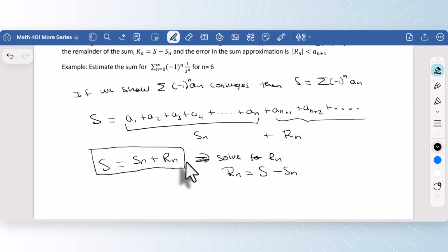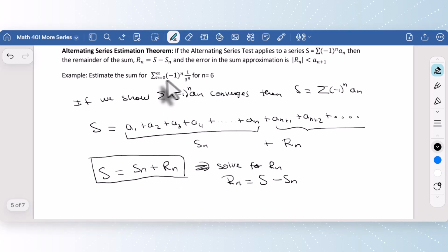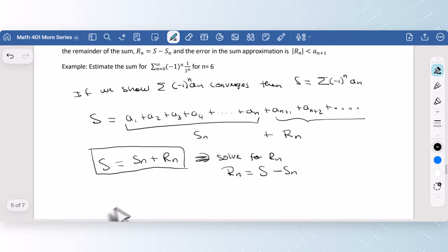So in this case, I'm trying to estimate a sum for the first 6 terms of this. Back to this example. Does it converge? Yes, it actually converges absolutely. This is the example from above. So our S is going to start with the first term.